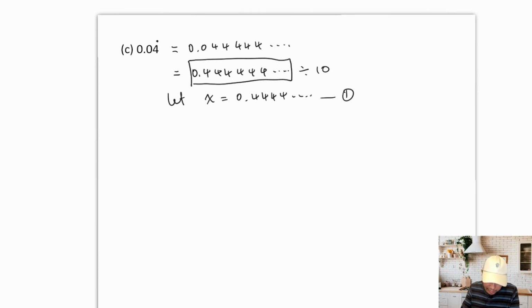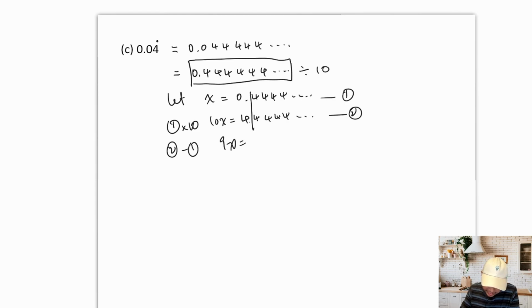This time we multiply by 10, so 10x is equal to 4.4444 and so on. Equation 2. I need to move the decimal point one place to the right. That's why I times 10 to both sides. Equation 2 minus equation 1, 9x.